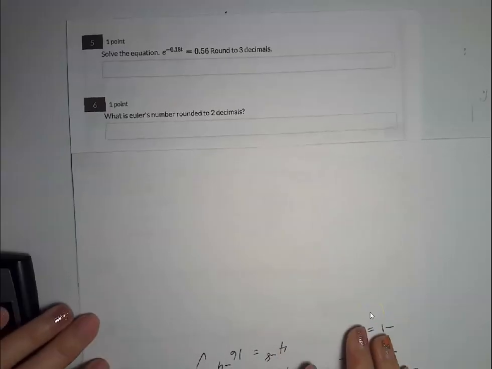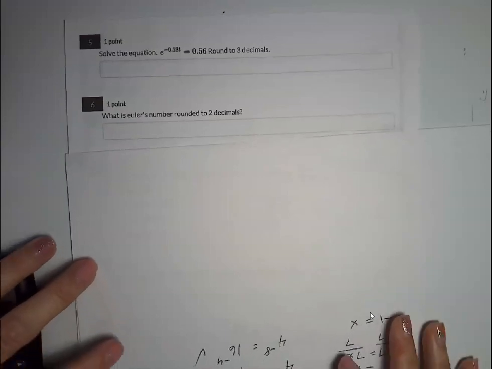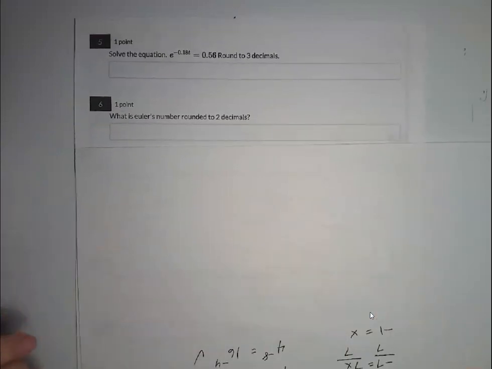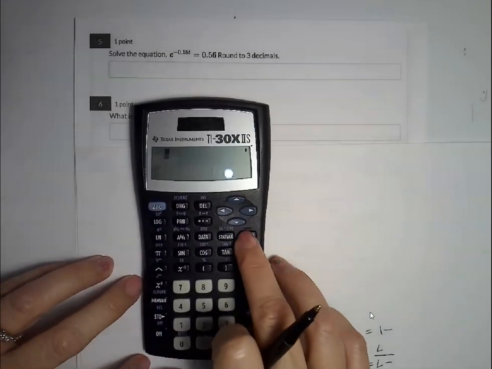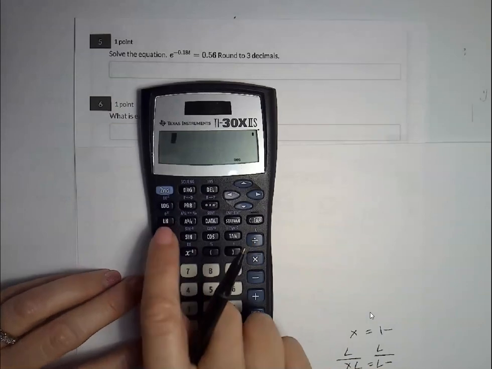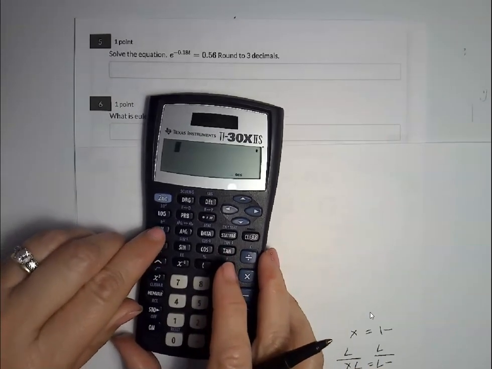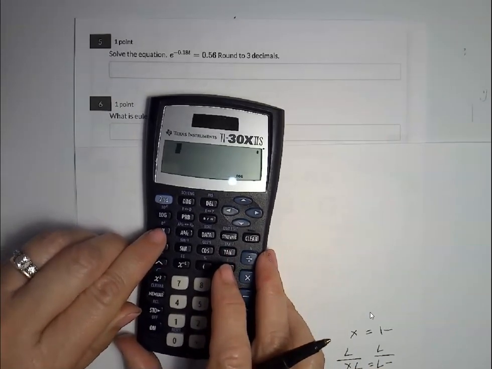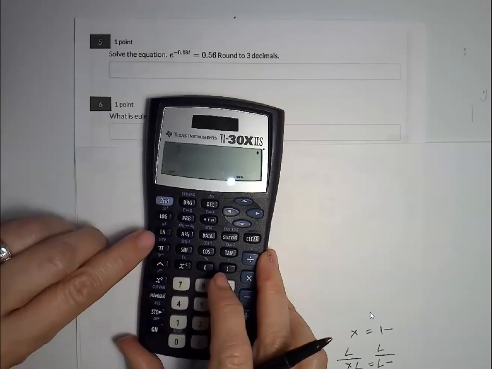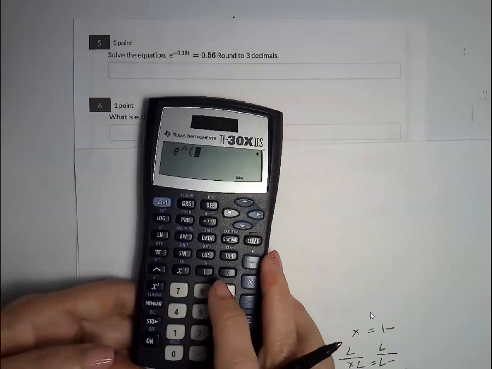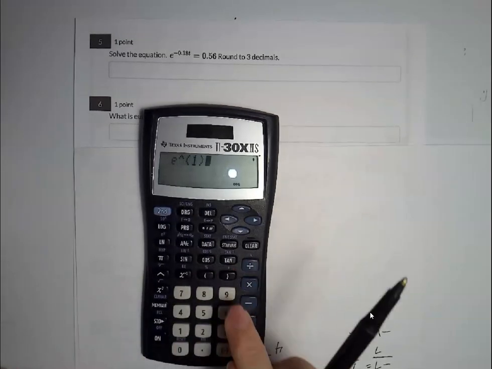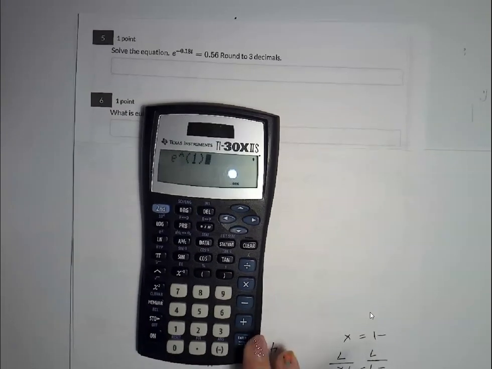The next question just said, what is Euler's number rounded to 2 decimals? So you can memorize this, or you can use your calculator, and you can just type in the E. So you can see right above the ln of x, this right here, ln, above it, and the blue is e to the x. So if you ever forget what e is, Euler's number, hit second, and then the ln button, and you can see it puts e raised to, let's just raise it to the 1 power, because anything raised to the 1 power is itself.